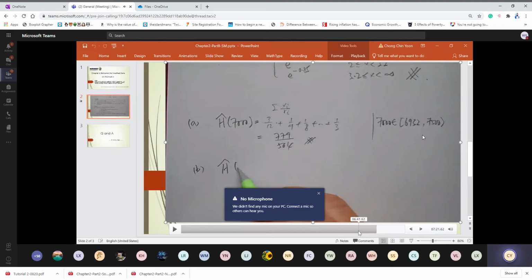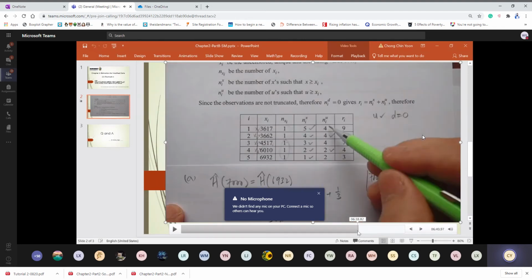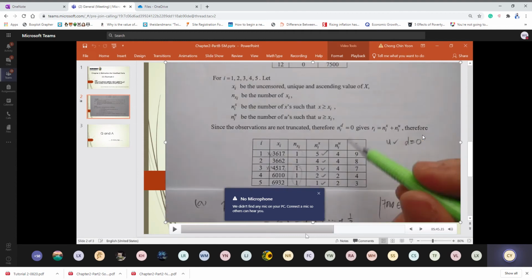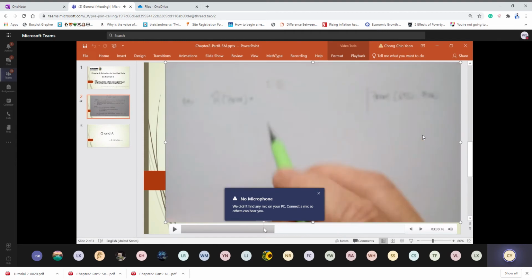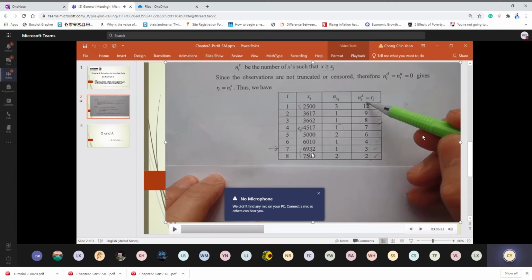So you have to look at the 6932 for part A. The 7,000 falls on this group, from 6932 to 7,000. So you have to consider the lower bound. That means you have to consider all the risk set values from 12 until this lower bound, that is 3.